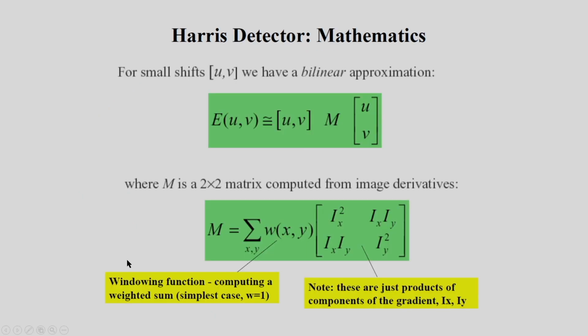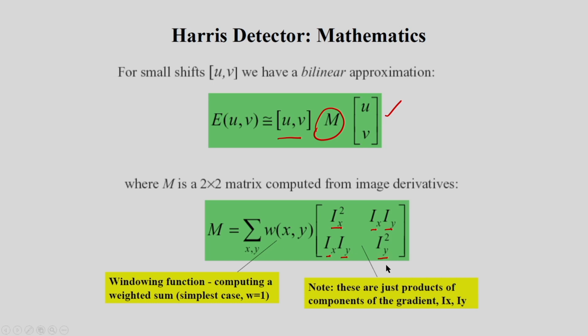So by considering that approximation, I can write E(u,v) is approximately equal to [u v] times the matrix M times [u v] transposed. I already defined that matrix in the last slide. What is this matrix M? The matrix M is nothing but I_x squared, I_x I_y, I_x I_y, I_y squared.